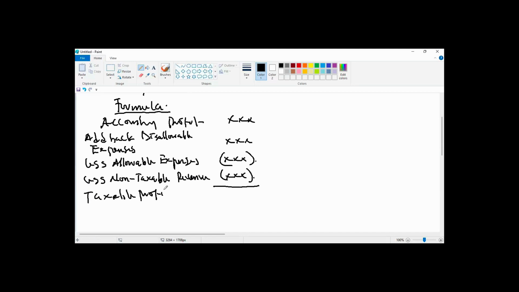So, in any question to calculate current tax, they must give me accounting profit, which I will use to derive taxable profit. I will now multiply the tax rate on it. Tax rate is always a percentage. Immediately I multiply the tax rate, I will get current tax.